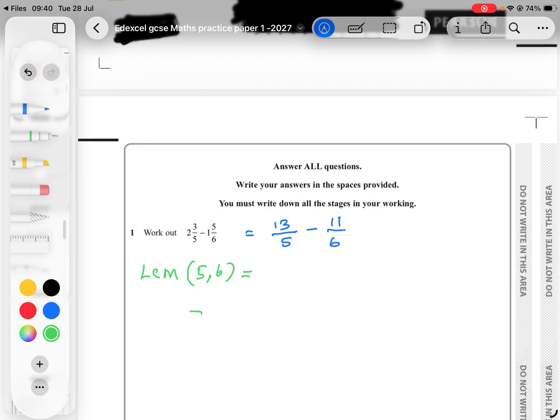All you have to do is draw 2 circles. By the 5, 5 times 1, 5. 6 can be written as, 6 is the product of 2 and 3.